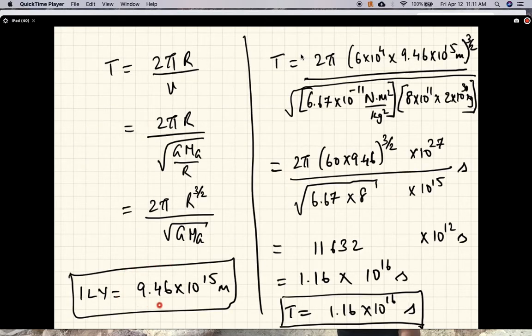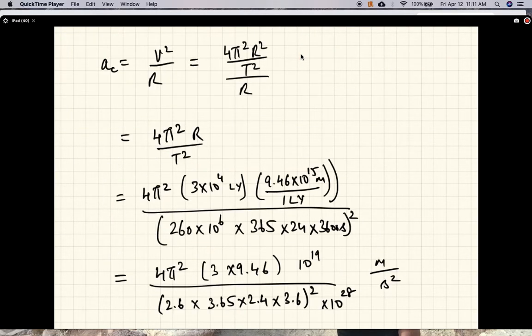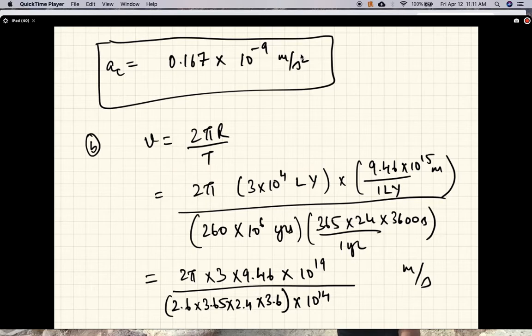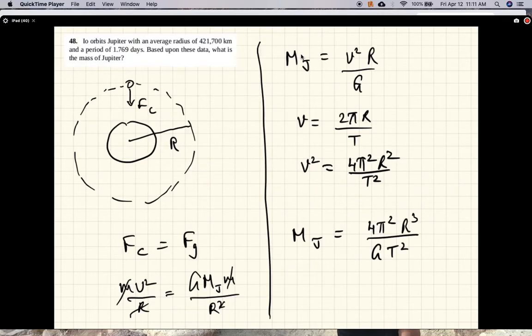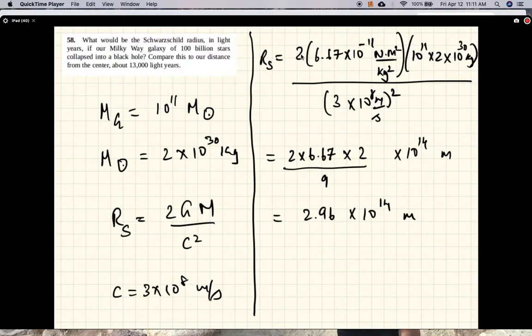Here, a light year is 9.46 times 10 to the 15 meters. Okay. Oops, no, let me do it in the next step.